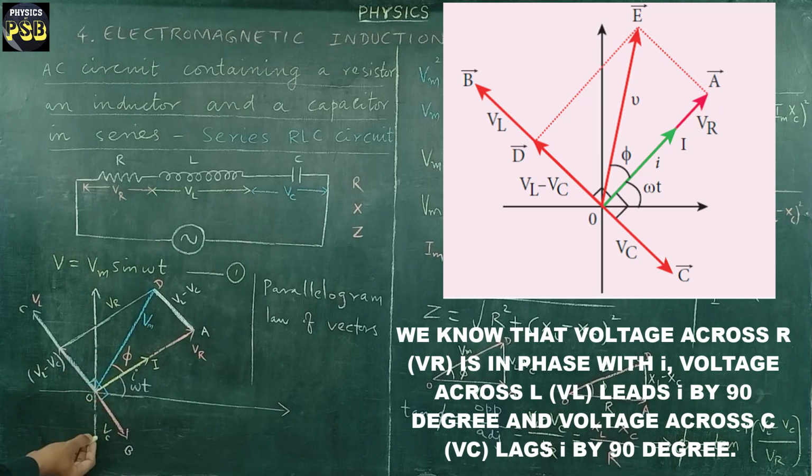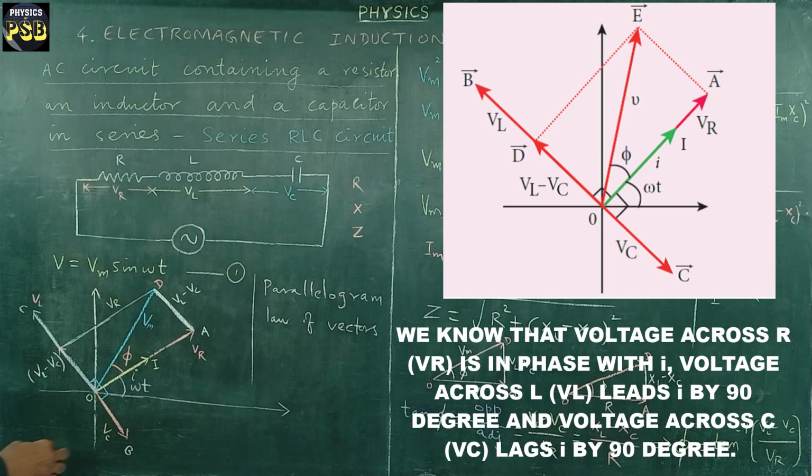Whereas the line OB represents VC, voltage across capacitor C. Here, when it is compared with the current, you may find that the phase angle between voltage and the current is found to be 90 degrees. And one more thing here. I is along the positive axis, whereas OB is placed in the downward direction, that is in the negative axis.